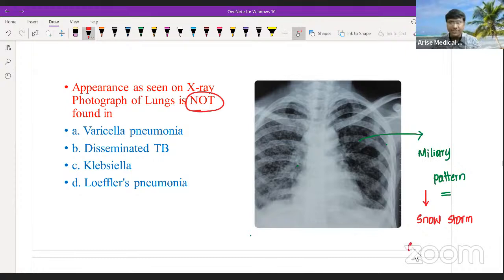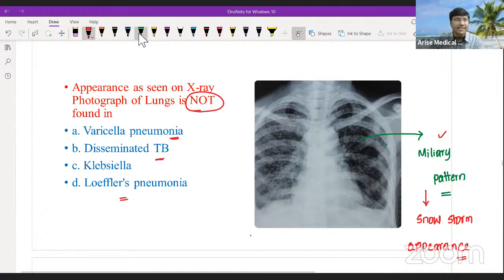Now, this miliary pattern or snowstorm appearance is seen in patients with varicella zoster pneumonia, in patients with disseminated tuberculosis, and in patients with Loeffler pneumonia.